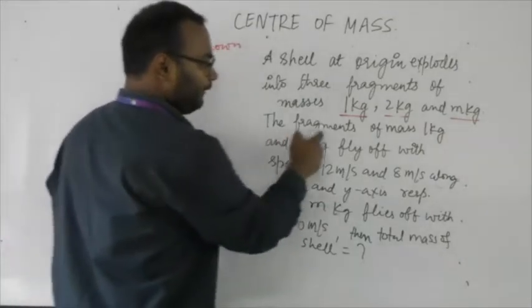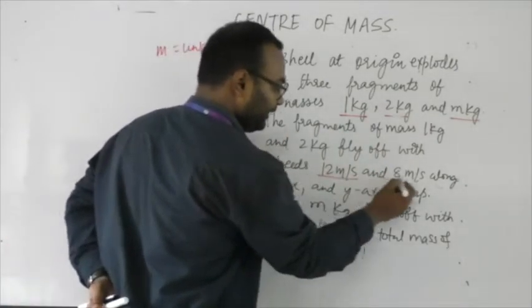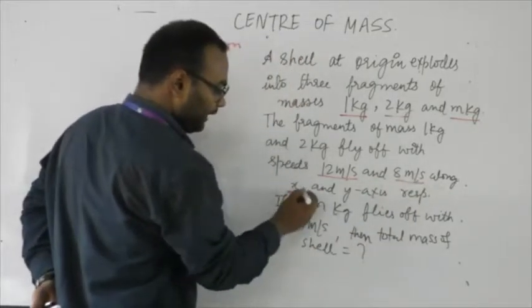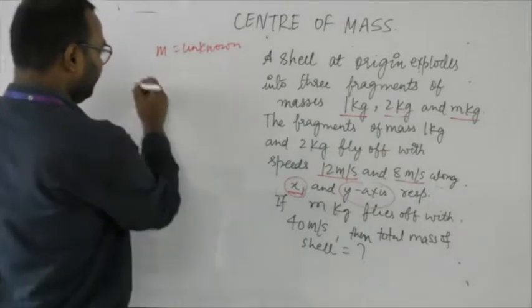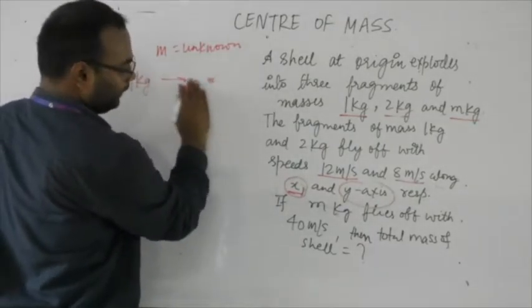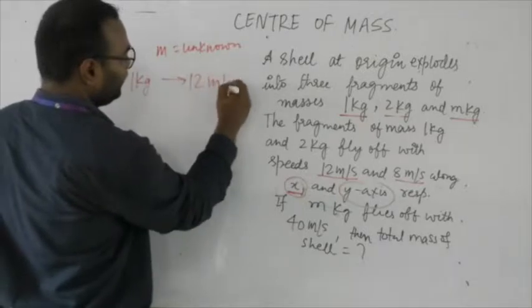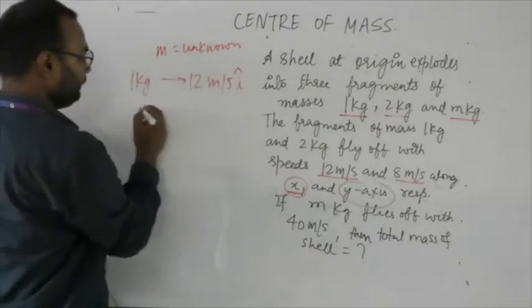The fragments of mass 1 kg and 2 kg fly off with 12 meter per second and 8 meter per second along the y axis. That means for 1 kg it is going with 12 meter per second along x axis, so we can write i cap.